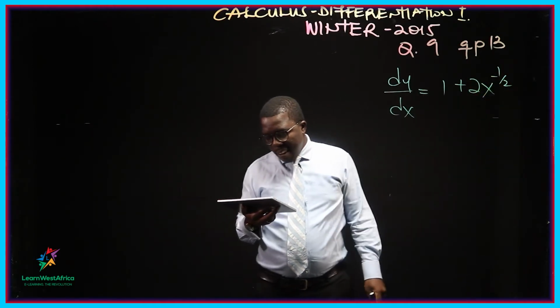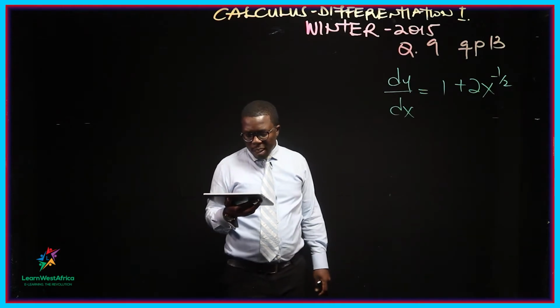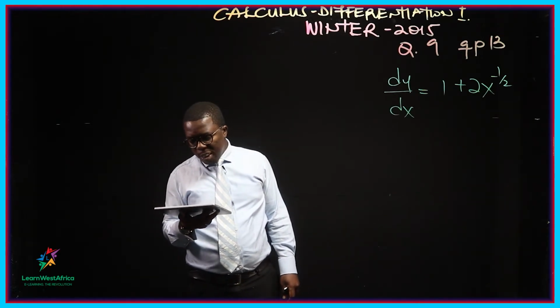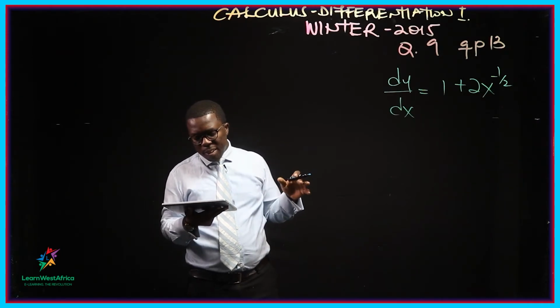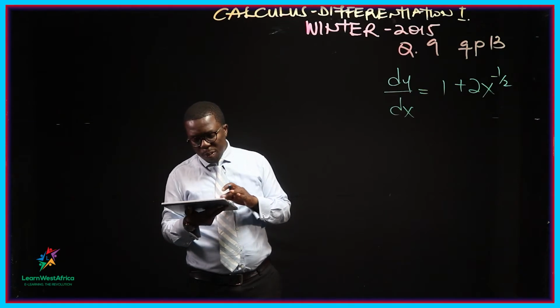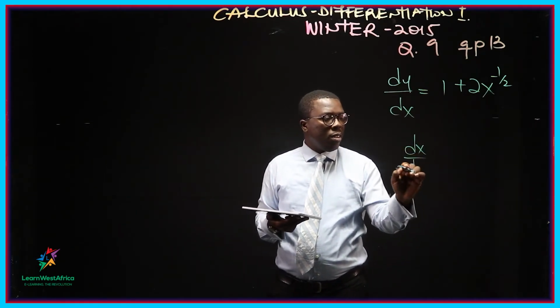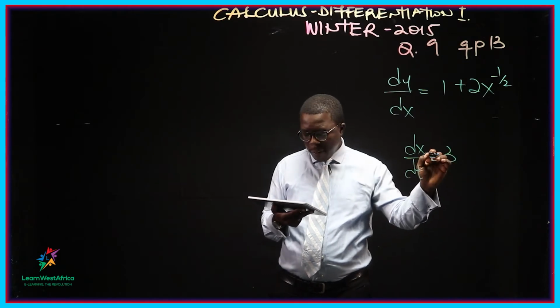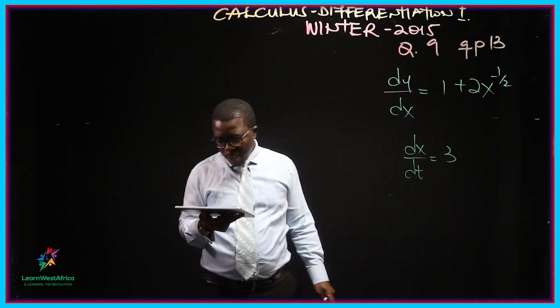Okay? And we are saying that a point P is moving along the curve in such a way that the x-coordinate of P is increasing at a constant rate of 3 units per minute. So we can say that dx dt is equal to 3 units per minute. So dx dt is equal to 3.